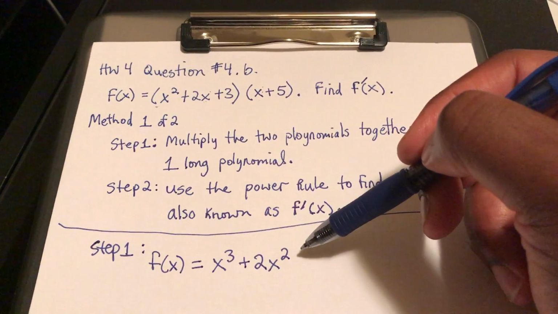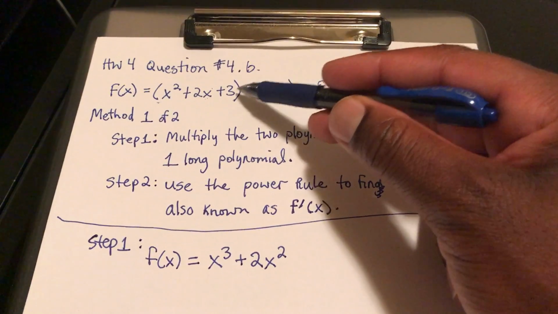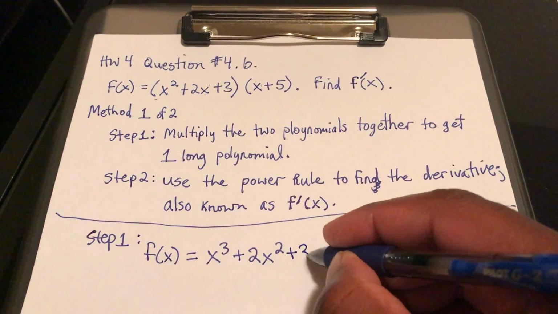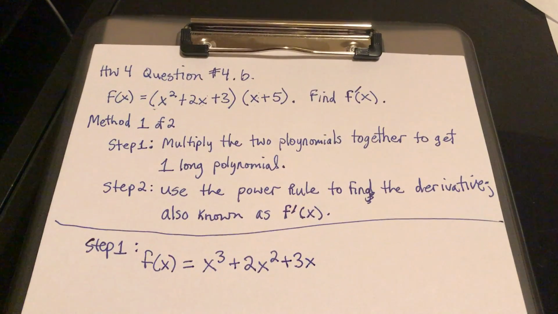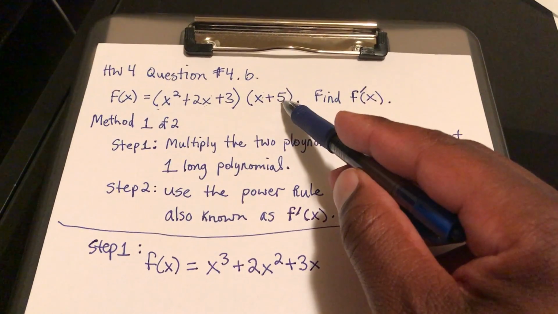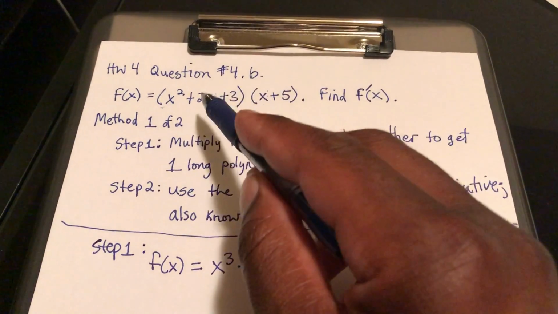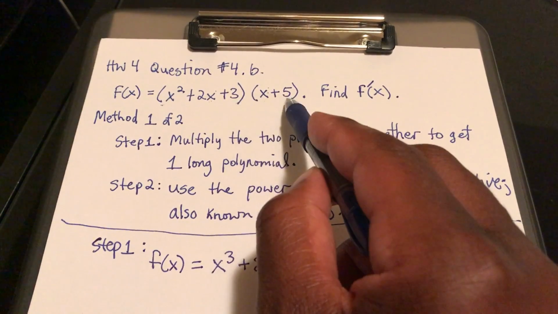All right. Now we're going to distribute this x to this 3. We're going to multiply x times 3. Positive x times positive 3 gives you a positive 3x. All right. Now we're going to move over to this 5. We have a positive 5, and we're going to distribute it to each of these 3 terms.